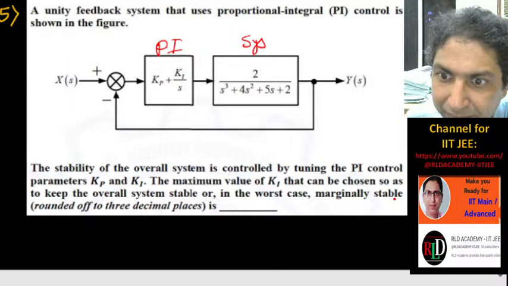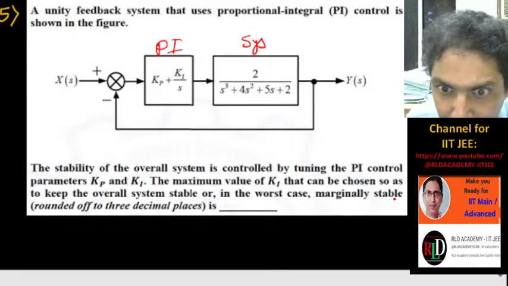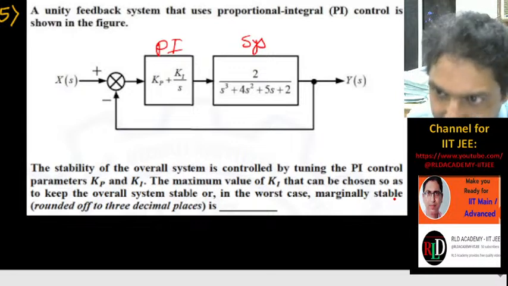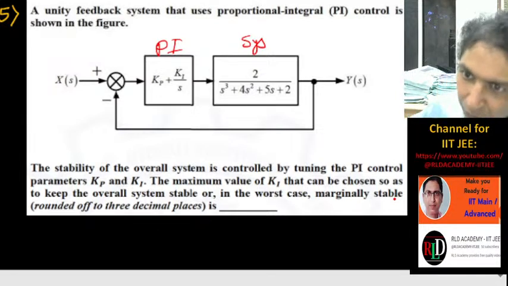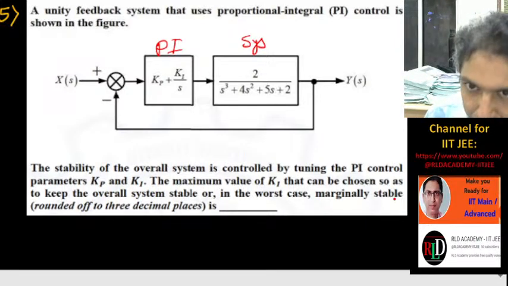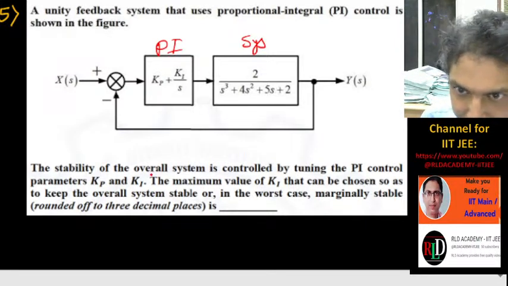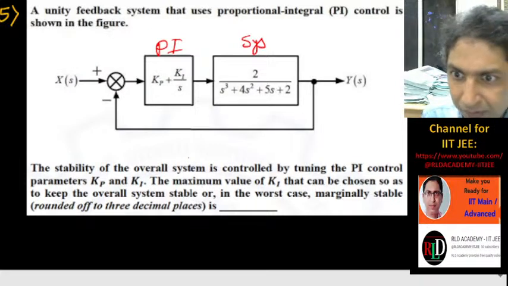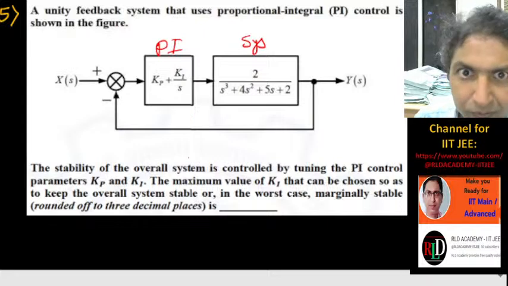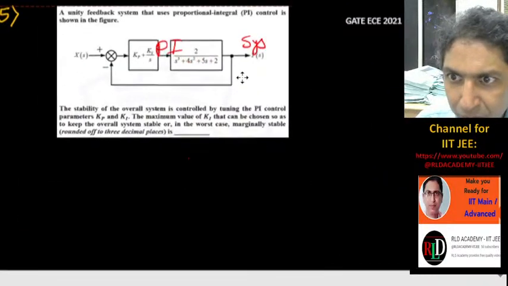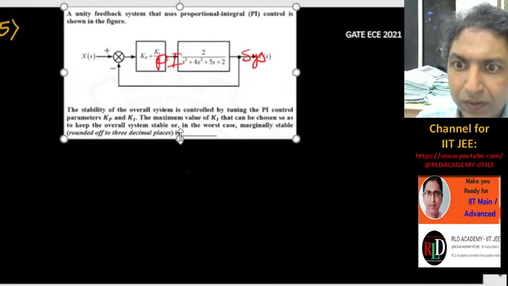So the only thing is the maximum value of Ki that we can choose and still have a stable system, means we can go up to marginal stability. So we want to use Routh-Hurwitz criteria. Right? So what I'll do, okay, let me consider this one, the system.